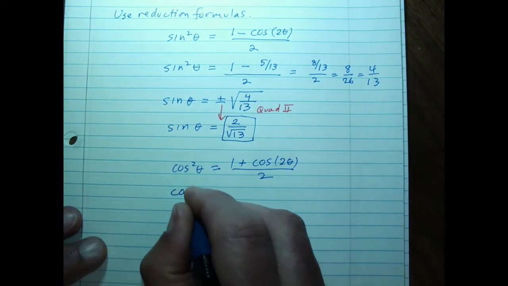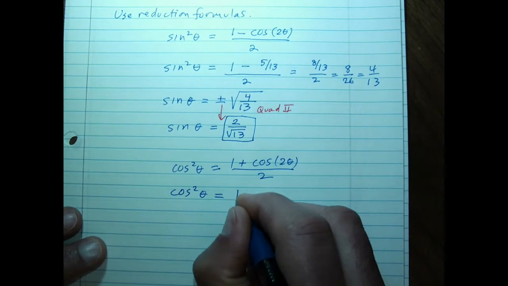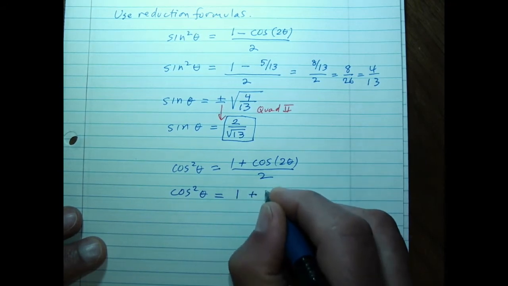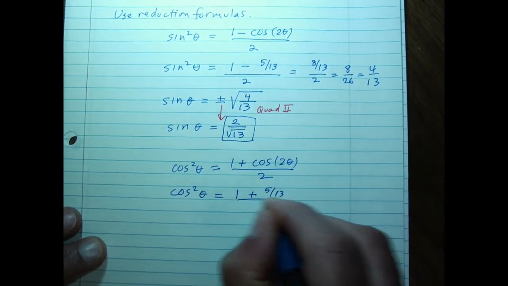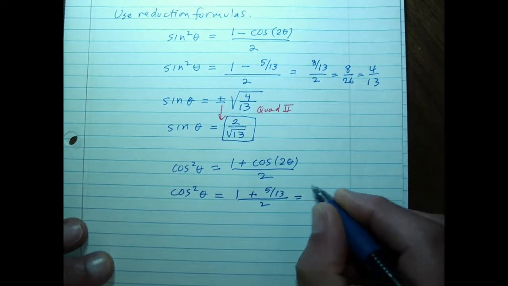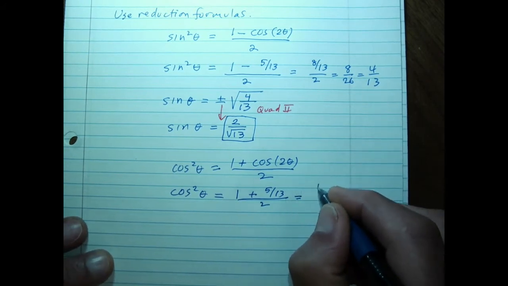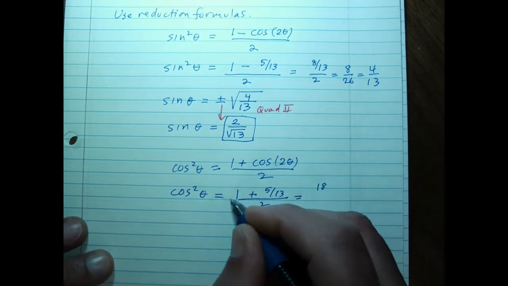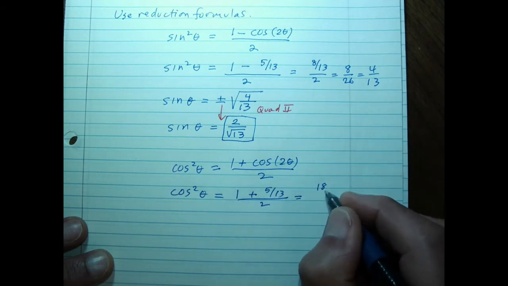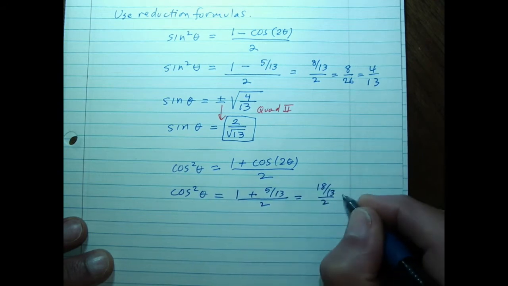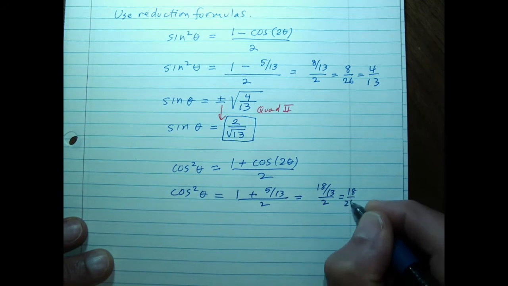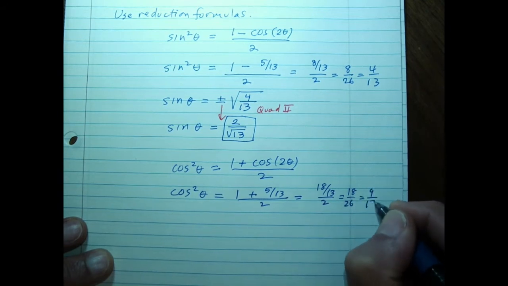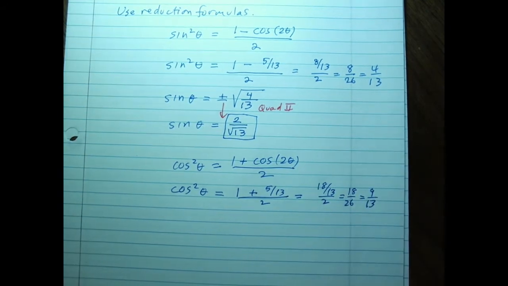And I'm going to do the same calculation now, but with 1 plus 5/13 over 2. So that's 13 plus 5, which is 18/13 over 2, which is 18/26 or 9/13.